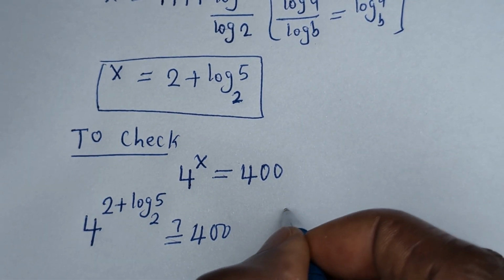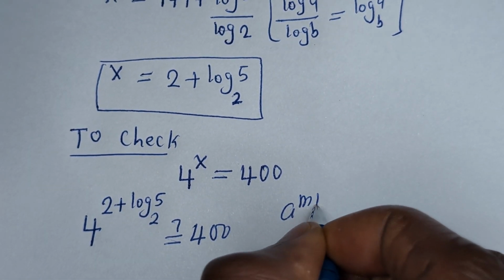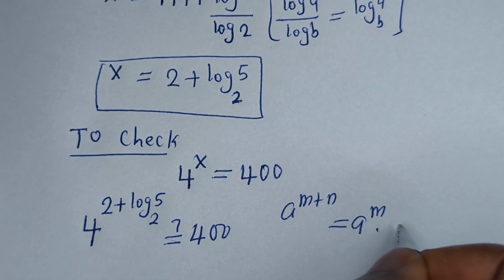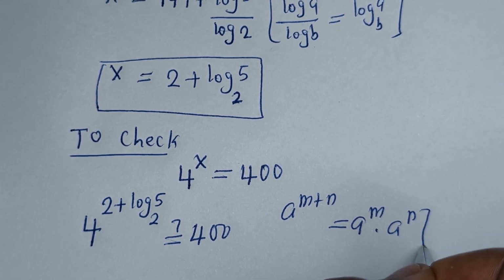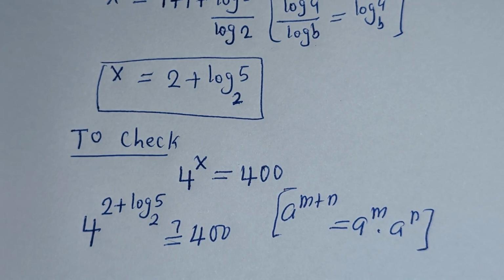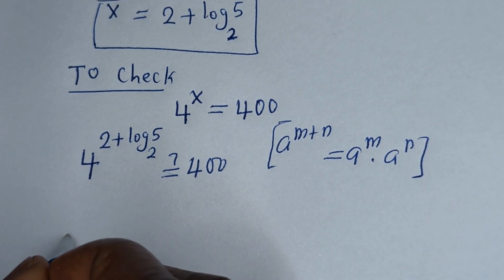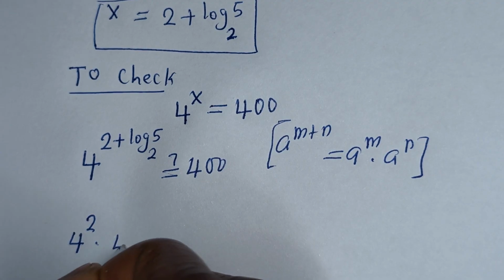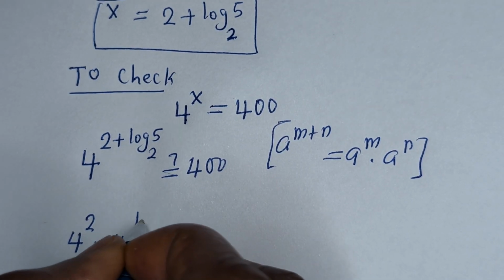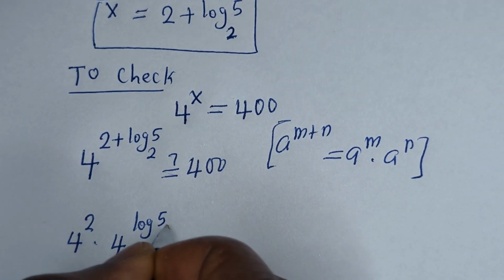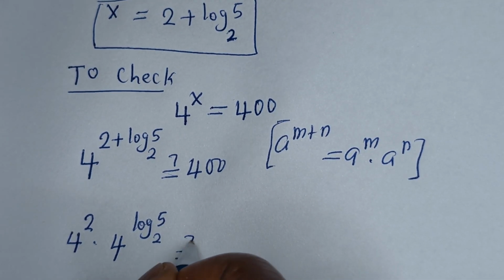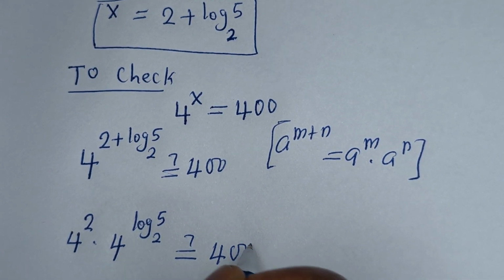If you have a raised to power m plus n, this is equal to a raised to power m multiplied by a raised to power n. This is 4 raised to power 2 multiplied by 4 raised to power log 5 base 2 must be equal to 400.